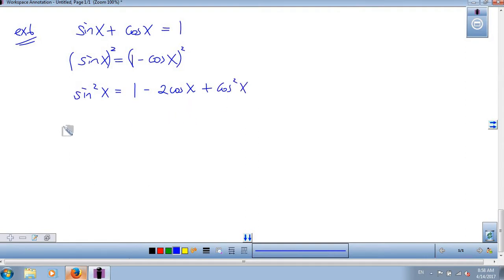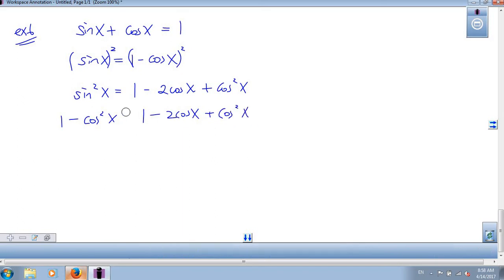Now sine squared x is equal to 1 minus cosine squared x by the Pythagorean theorem, so that's going to be a good thing. Now everything is cosine, and this becomes like a quadratic form. Let's move everything to the right hand side. Subtract 1 from both sides.